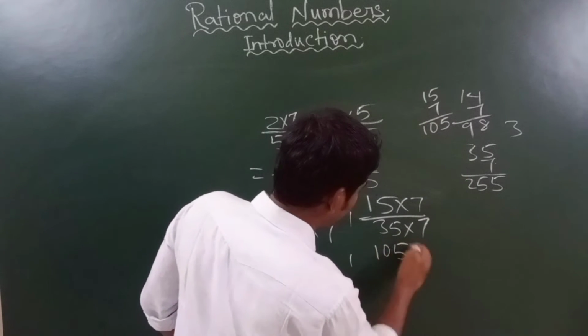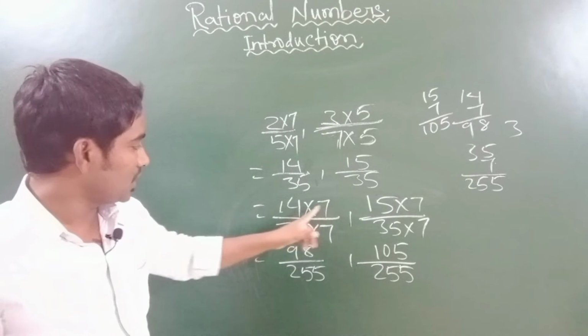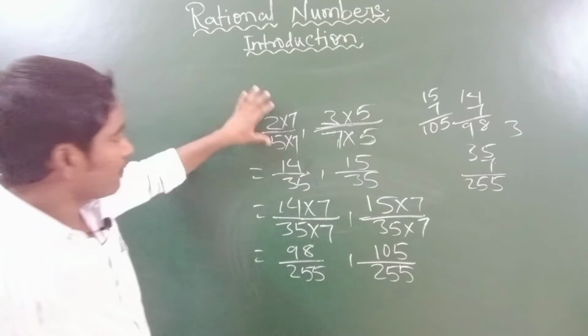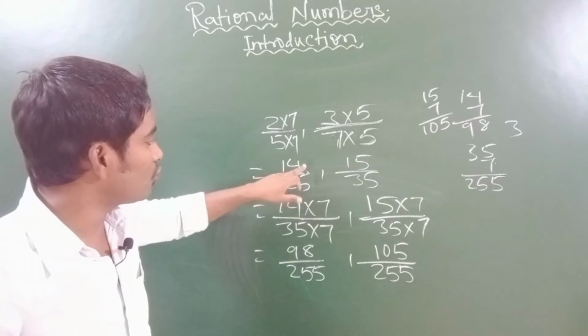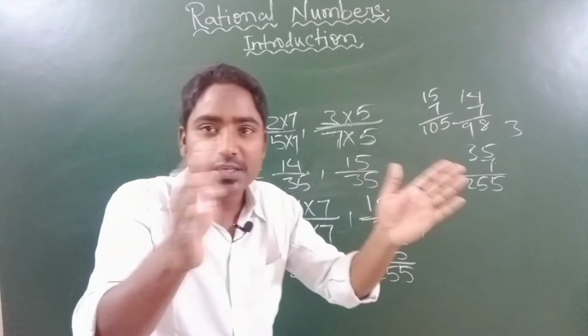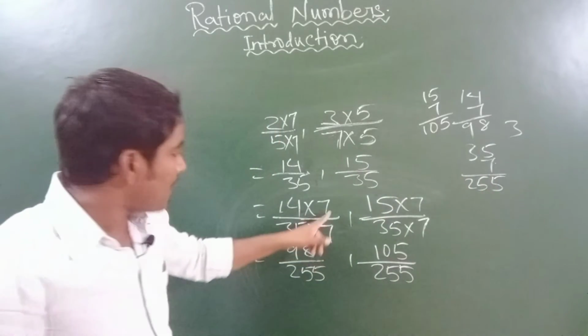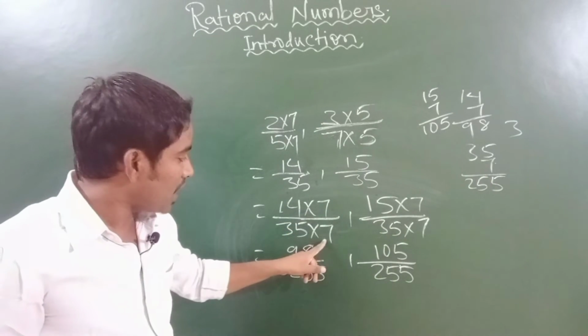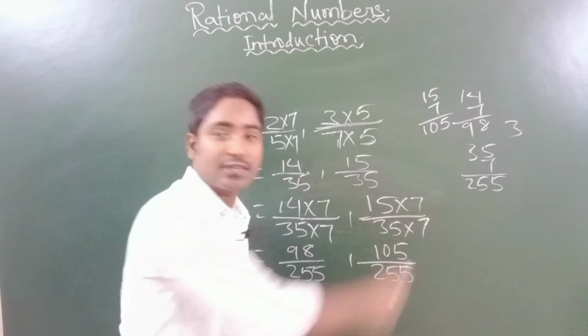Now you see, students, see here मैं यहाँ पे क्या किया, दोनों का सबसे पहले तो मैं डेनोमिनेटर को सेम किया, ठीक है। डेनोमिनेटर को सेम करने के बाद उन दोनों के बीच में स्पेस क्रिएट किया, ठीक है। स्पेस क्रिएट करने के लिए क्या किया, यहाँ भी 7 से मल्टीप्लाई कर दिया और यहाँ नीचे भी, रिजल्ट तो सेम आने वाला है, 7 7 will cancel, here also 7 7 will cancel.